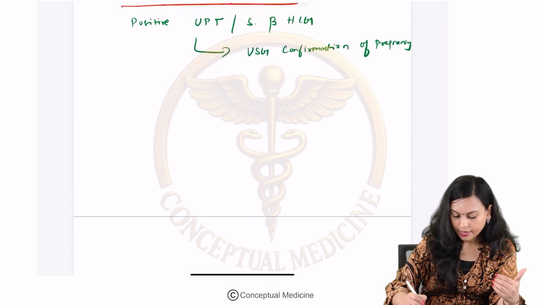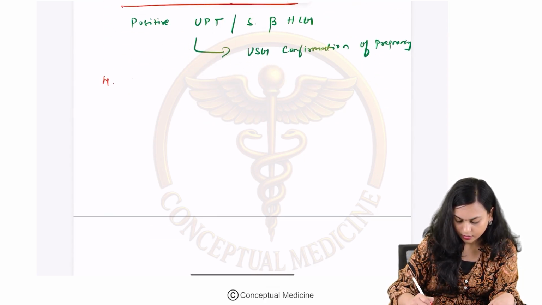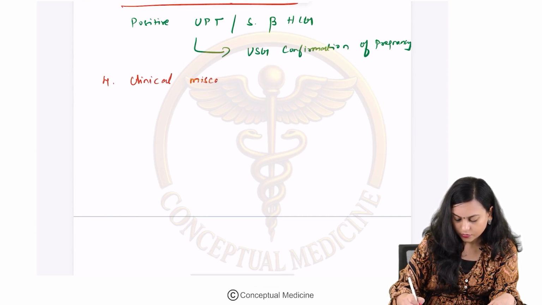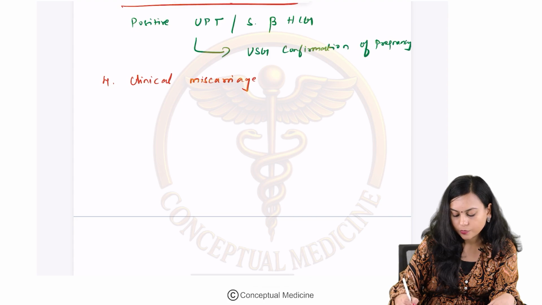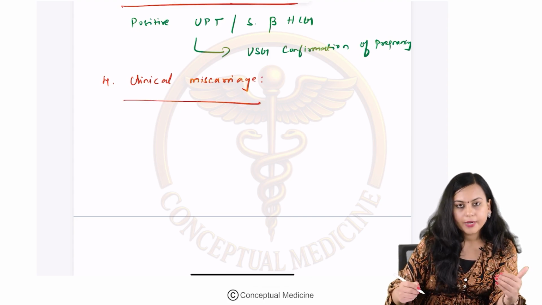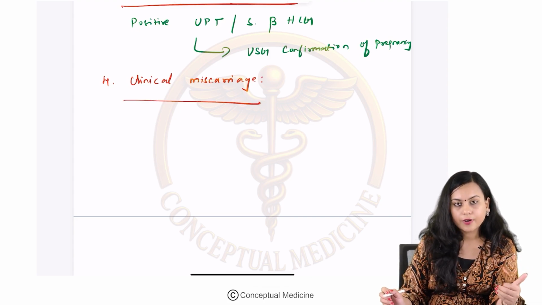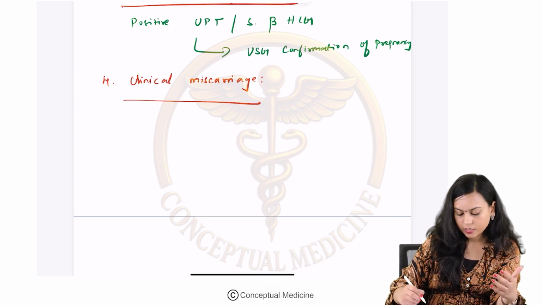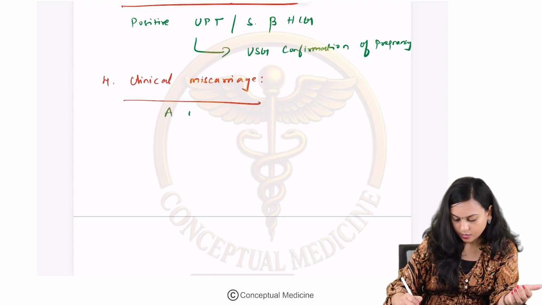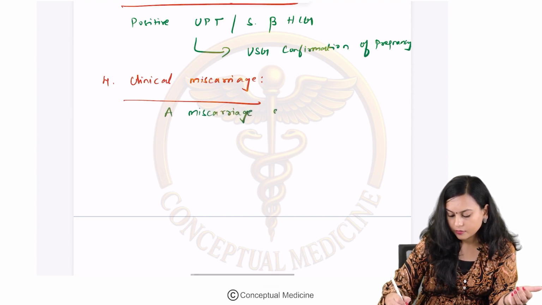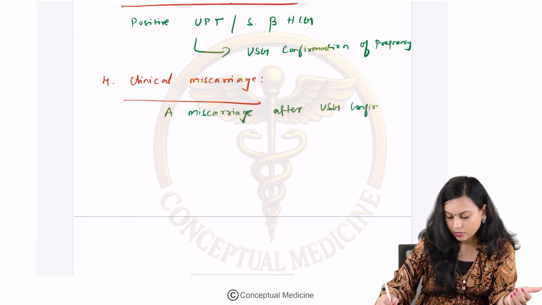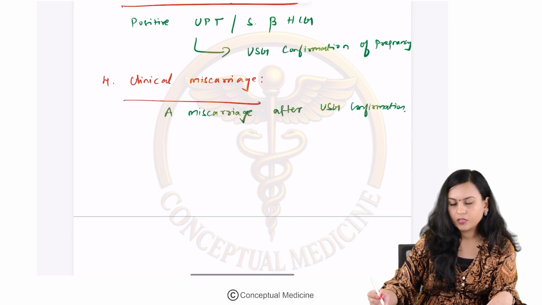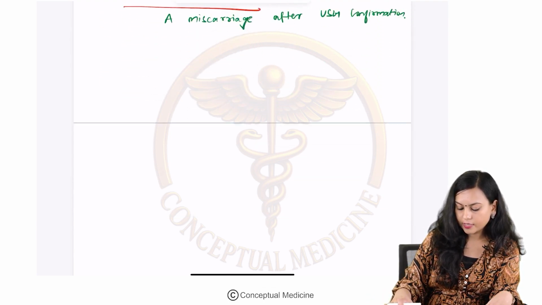Clear? And next one is clinical miscarriage. Clinical miscarriage means a pregnancy that was confirmed by ultrasonogram and then a loss has happened, so a miscarriage after ultrasound confirmation. Clear? So these are the various terminologies.